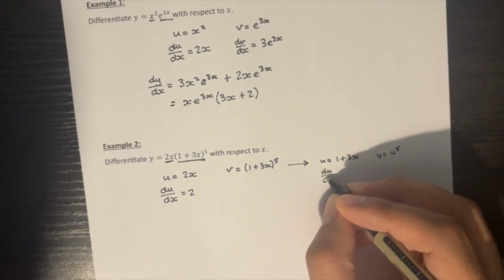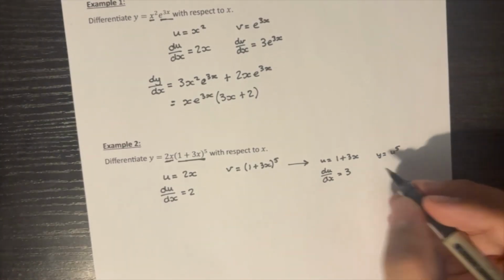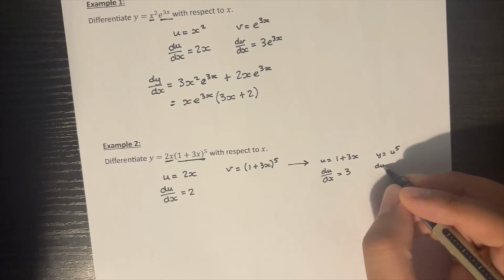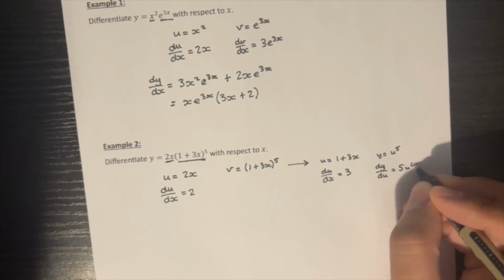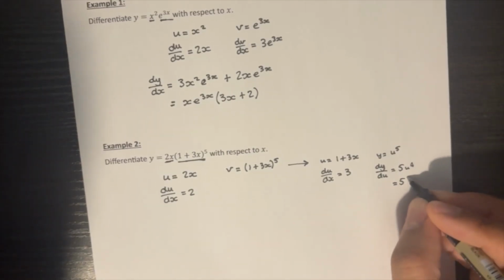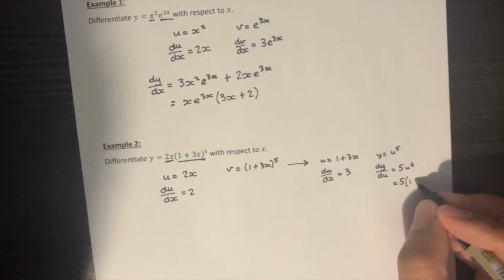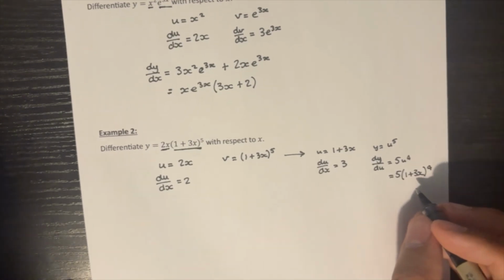du by dx, differentiating that, just gives us 3, and dy by du gives us 5u to the power of 4, which of course is 5 lots of 1 plus 3x to the power of 4.